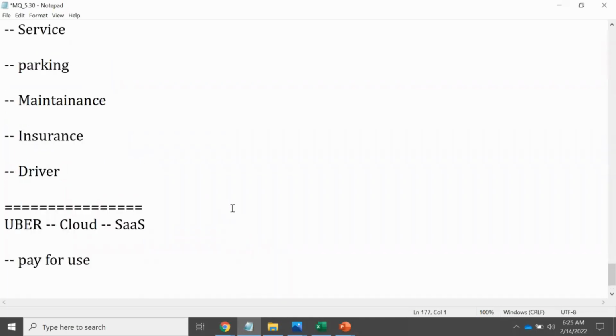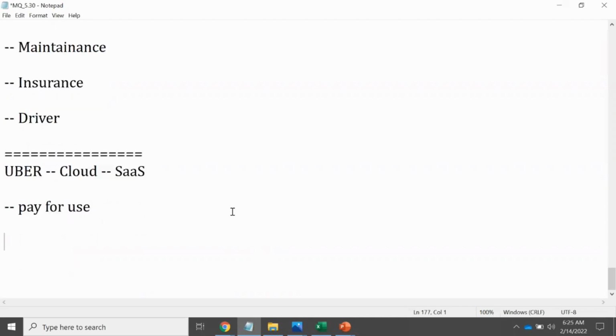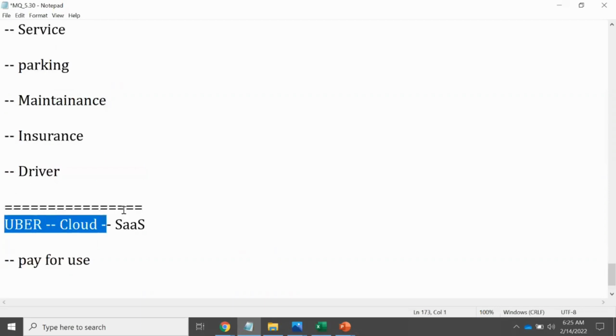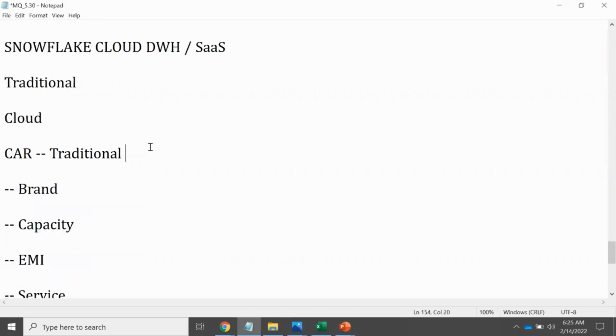If they want to go for vacation with family, they can book a luxury car. It depends on the requirement, so you can change. And the best part is, we are going to pay for what we are using, and the remaining things you are not going to worry about, right? The same example here, you can consider this as the cloud when you are utilizing this, and this one as the traditional thing, purchasing your own car.